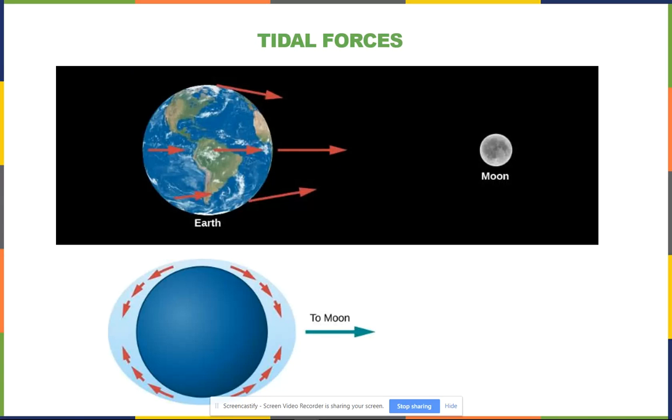So the water elongates. Now, it's not just that simple, because the Earth is rotating. Because the Earth is rotating, those tides rotate with the Earth. And so the high tide is actually a little bit ahead of the moon because of the Earth's rotation pulling the water. And that makes something even more interesting. Because the high tide is a little ahead of the moon, the moon is pulled forward a little bit by that high tide. If the moon is pulled forward a little bit, it gets a little more energy.